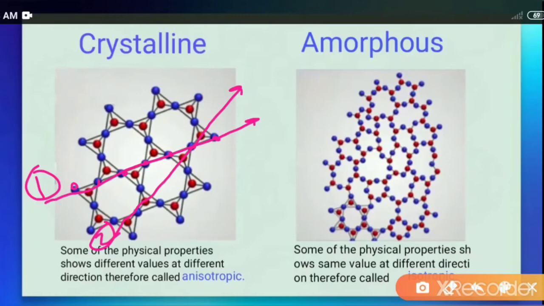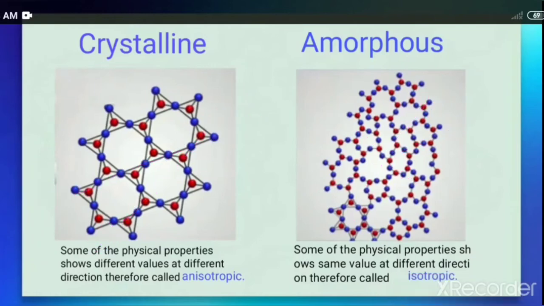But in the case of amorphous solids, when you measure in any direction, because there is no regular arrangement, we'll get the same value in all directions. That means some physical properties show different values in different directions. Therefore, it is called anisotropic.